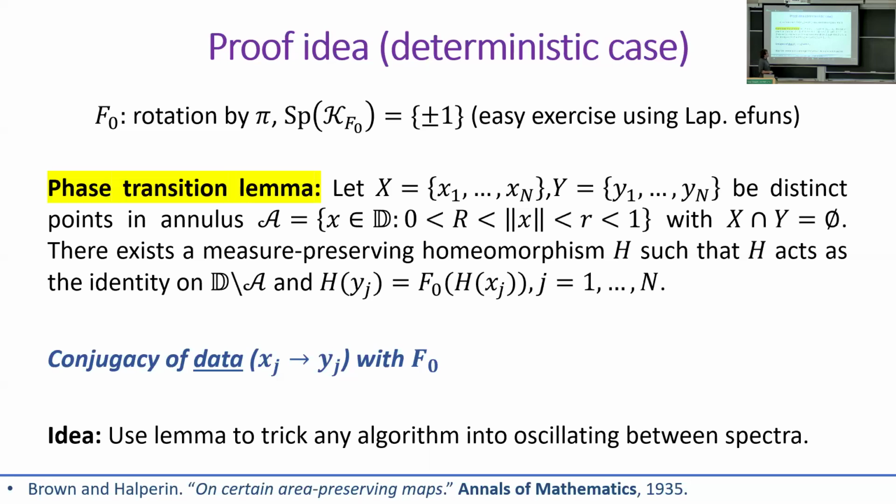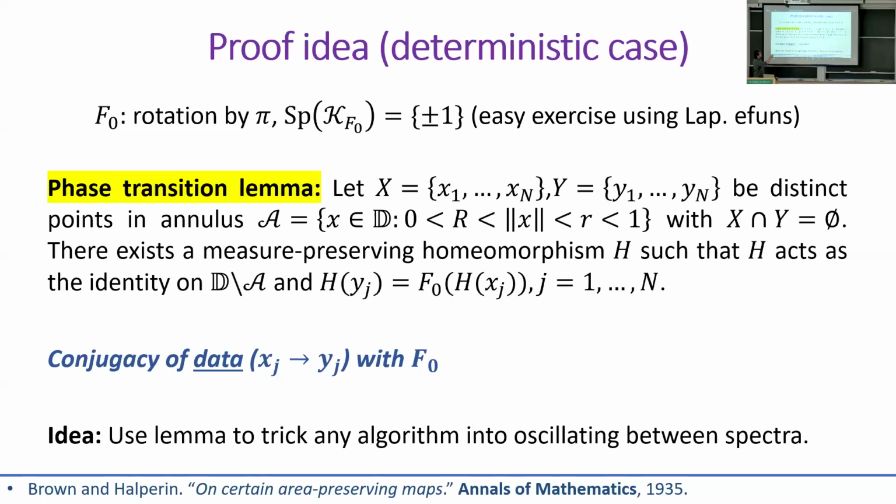What it's saying is that I can construct, given data, a measure preserving homeomorphism that makes me conjugate with f0. Specifically, think of these as snapshot data, x points and y points, distinct points strictly inside the disk or some annulus inside the disk, which have empty intersection.